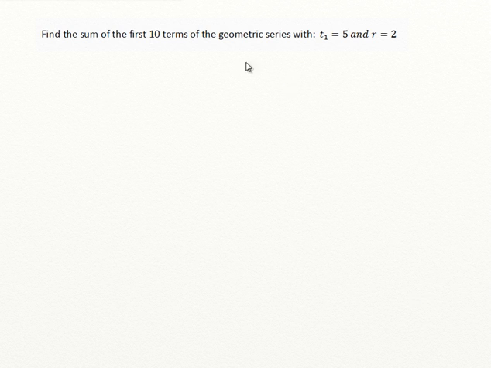So here we're being asked to find the sum of the first 10 terms of the geometric series, t1 equals 5 and r equals 2. t1 equals 5, we know that is the a value, and r equals 2, we know that is the common ratio.